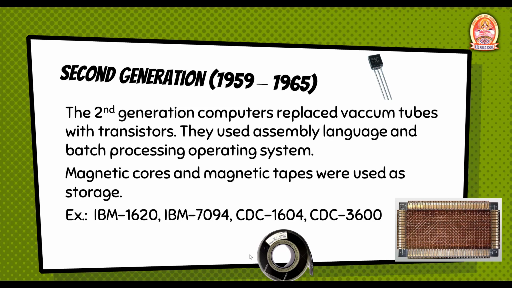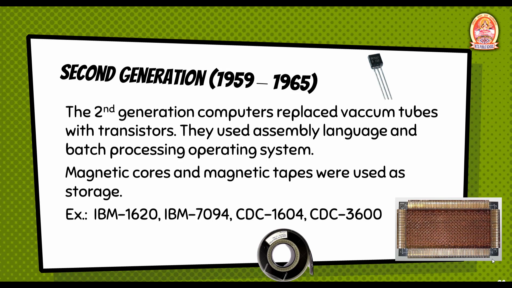Magnetic cores and magnetic tapes were used as storage. Examples of second generation computers are IBM 1620, IBM 7094, CDC 1604, CDC 3600.